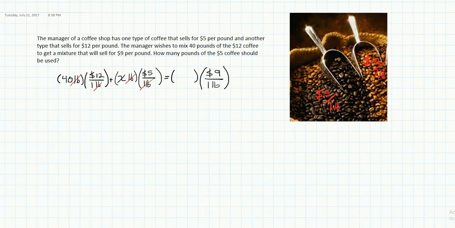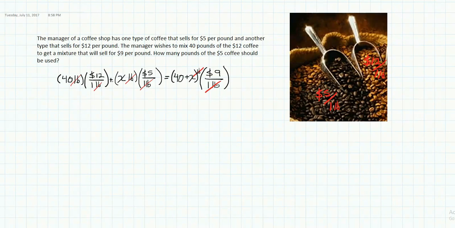When multiplied by $9 per pound, that's going to be equal to the total cost of the blend of the bag of coffee. What is that poundage that we're looking for? We know it has to be at least 40, but it's actually 40 plus x pounds. Total poundage times the amount per pound cancels out the poundage, and we're good with our units.